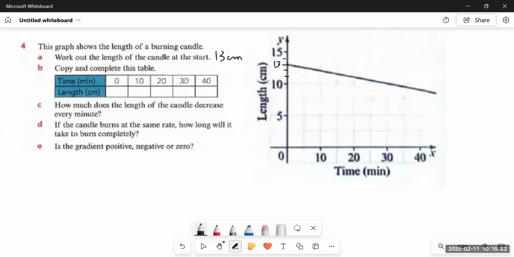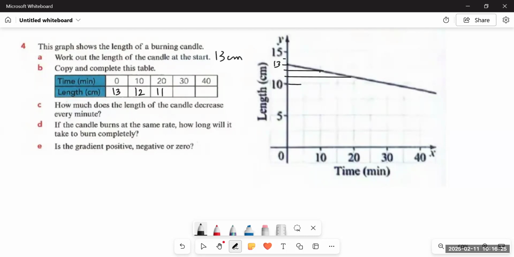So at 0 minutes, it was 13 centimeters. Then after 10 minutes, we can see that it's over here. So it means after 10 minutes, the candle has been reduced by 1 centimeter and reached 12 centimeters. And after 20 minutes, the length was 11.